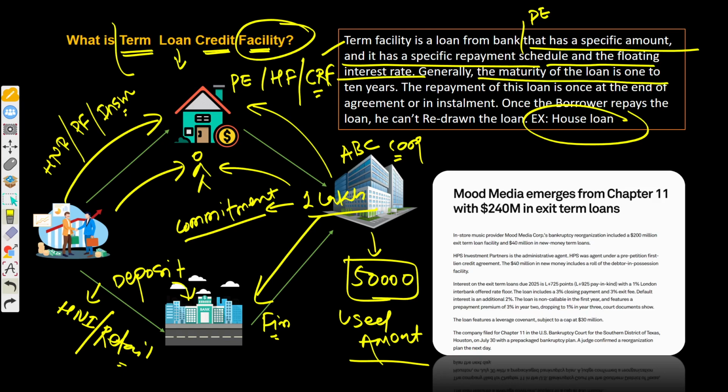Generally, the maturity of the loan is 1 to 10 years, but at this moment I have seen a different trend where the generic duration is somewhere between 10 to 30 years. All right, so the repayment of this loan is either once at the end of the agreement or in installments. So you might see a feature or term where, every quarter, every month, institutions can make repayments of principal and interest payments, or maybe at the time of maturity as well.